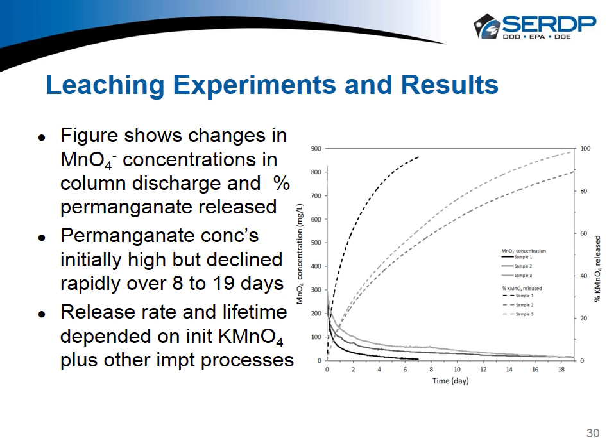You see that permanganate concentrations are initially high, but declined rapidly over 8 to 19 days. Release rate and lifetime depend on initial potassium permanganate plus other important processes. Sample one, which has 10 grams of potassium permanganate, reached its lifetime in about 7 to 8 days. The other two took about 18 to 19 days to reach their lifetime.